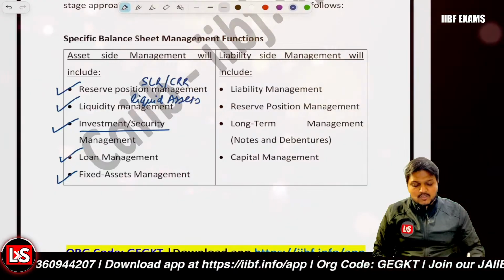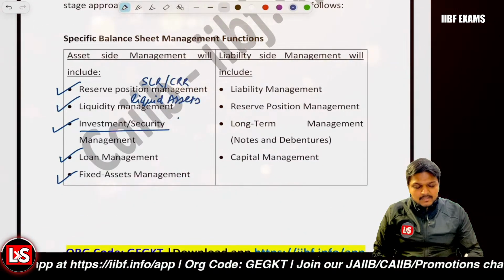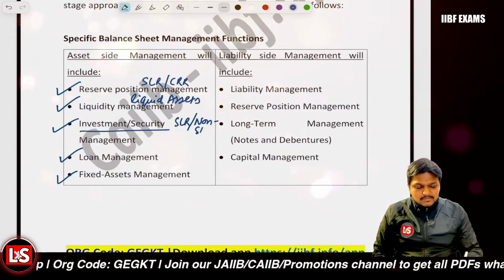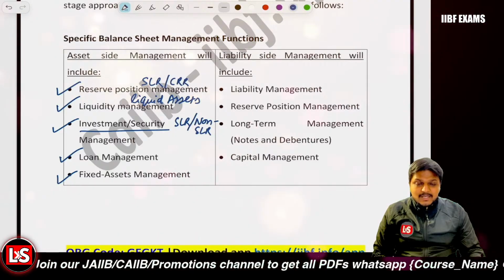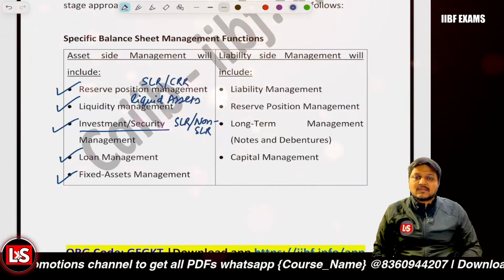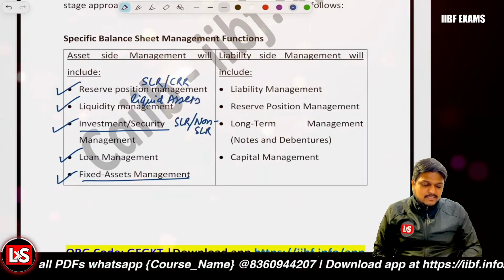Investment management means we have to manage SLR or non-SLR securities. In loan management, we talk about credit deployment and portfolio quality. And fixed asset management is about the efficient utilization of the bank's infrastructure assets.